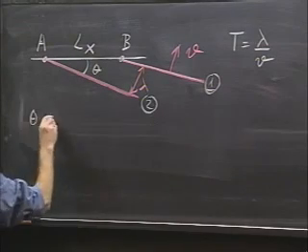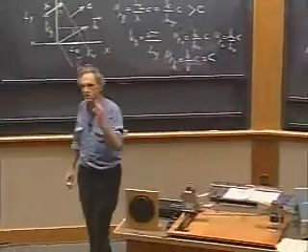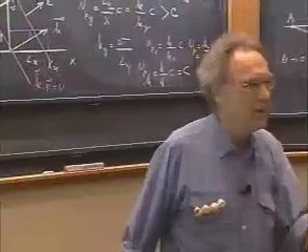And when theta goes to 0, that difference in arrival time goes to 0. Both A and B will at the same moment in time see that wave.